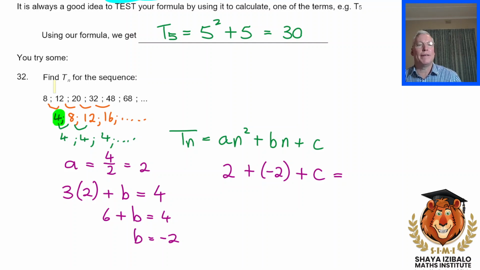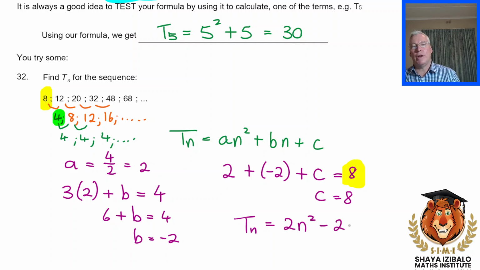I'm going to highlight that yellow, all right, and I'm going to write an 8 in here. Okay, so how many variables left in here? Also only one, and in fact C equals 8, because 2 and minus 2 cancel one another out, and we get C equals 8. Our final answer is Tn is 2n squared minus 2n plus 8.